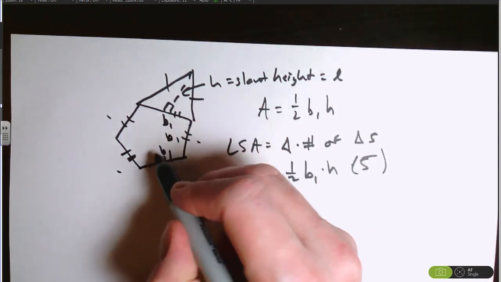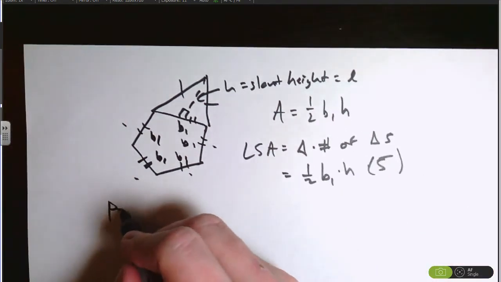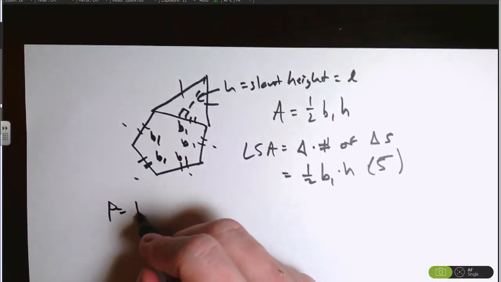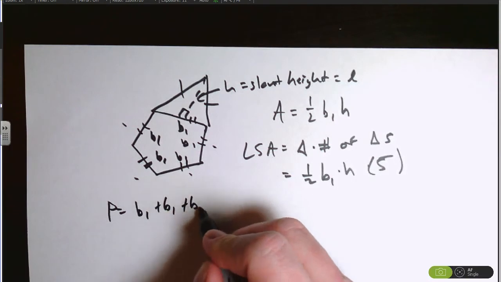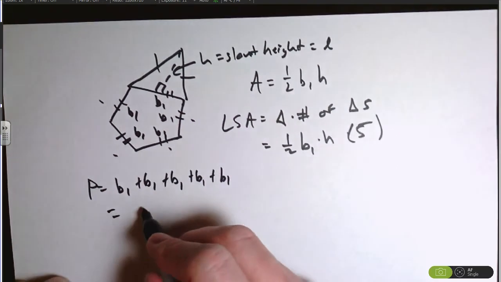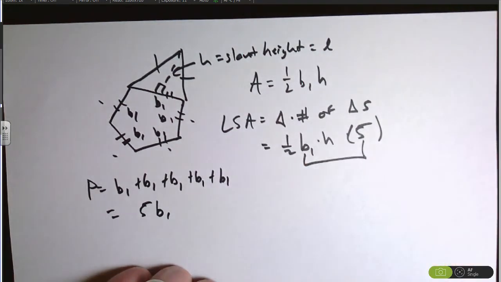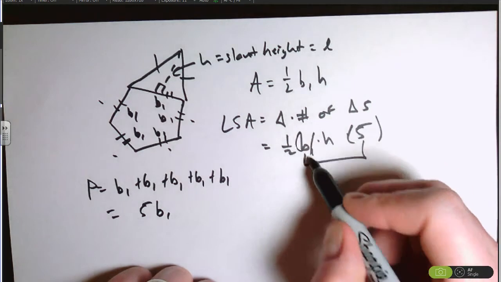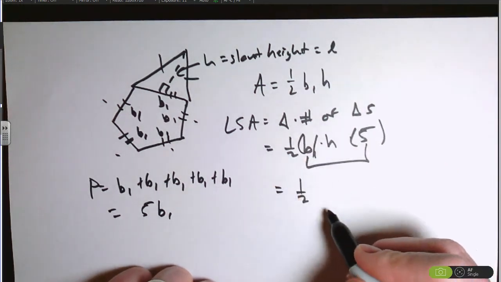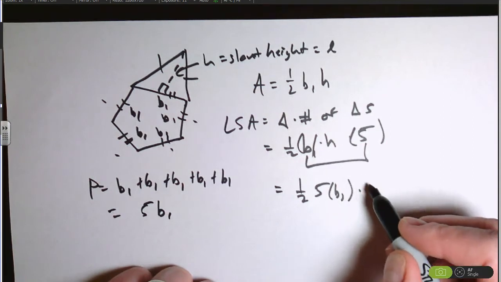So base 1, base 1, base 1, base 1. So I really just could call it a base. If I do the perimeter of the base, it's going to be base 1 plus base 1 plus base 1 plus base 1 plus base 1. Oh, that's really 5 of those bases. Look what I got here. 5 times the base. So it's 1/2 times 5 times the base times the height.